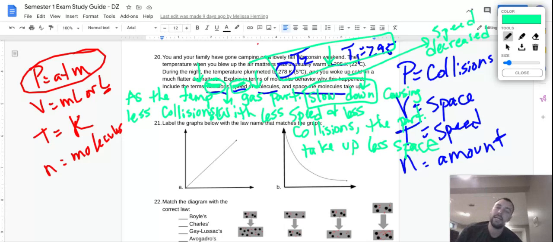It's not necessarily that there are less particles in there. That could be the case if there was a hole. All right, but if there is no hole in there and the same amount of particles, it can still seem a lot flatter just if it gets colder. I don't know if you are a sports fan, but if you've heard of Deflategate, that is one argument that was used, that it was a cold temperature for that game.